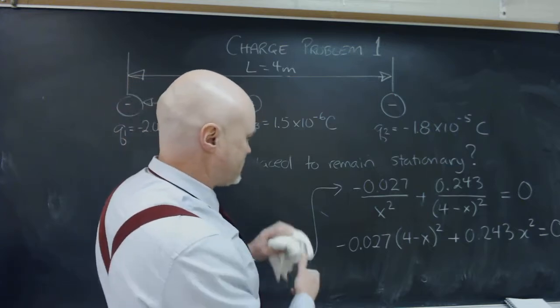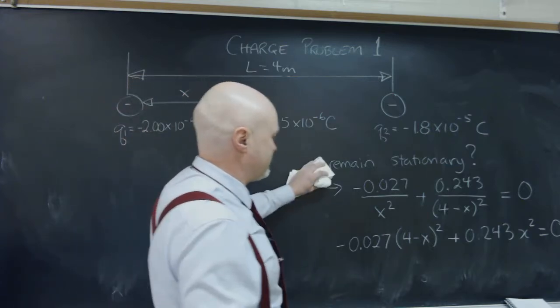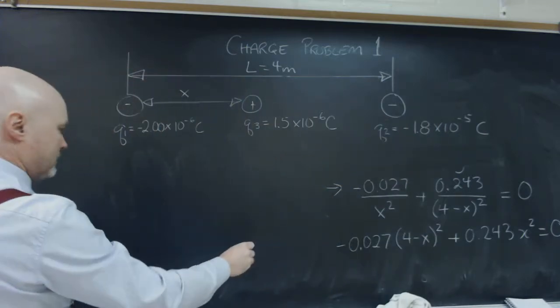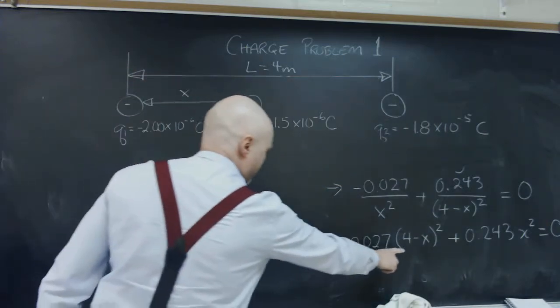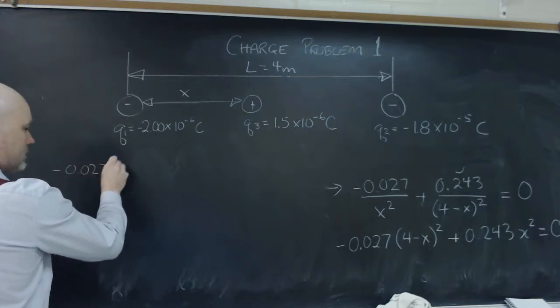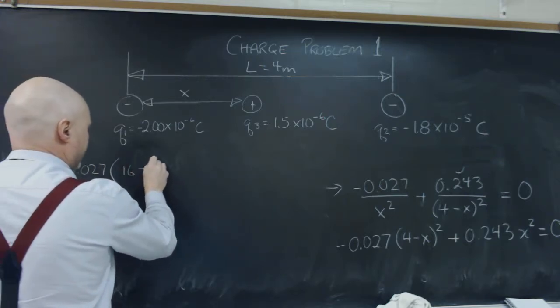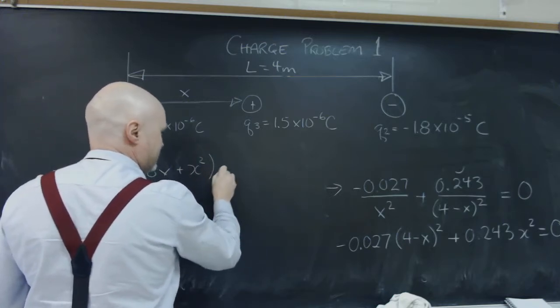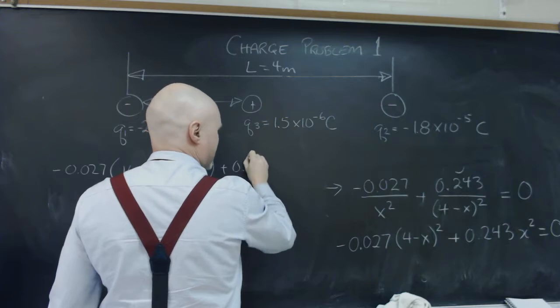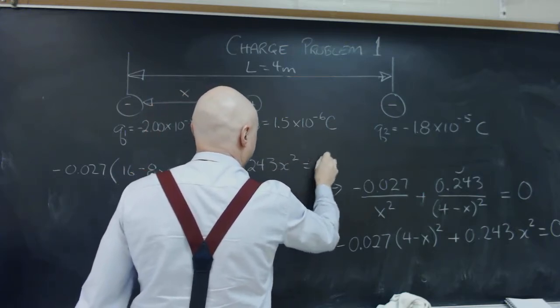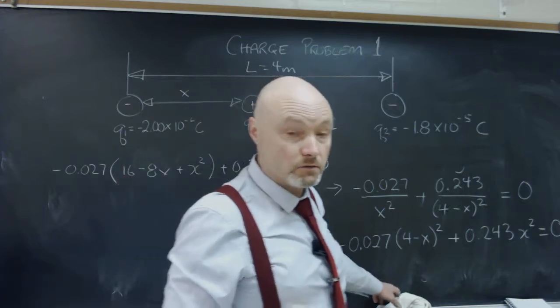Just remember, mostly be able to set up a problem like this. Okay, so let's expand 4 minus x squared. So that's going to be 16 minus 8x plus x squared plus 0.243 x squared. And that's all going to be equal to 0.